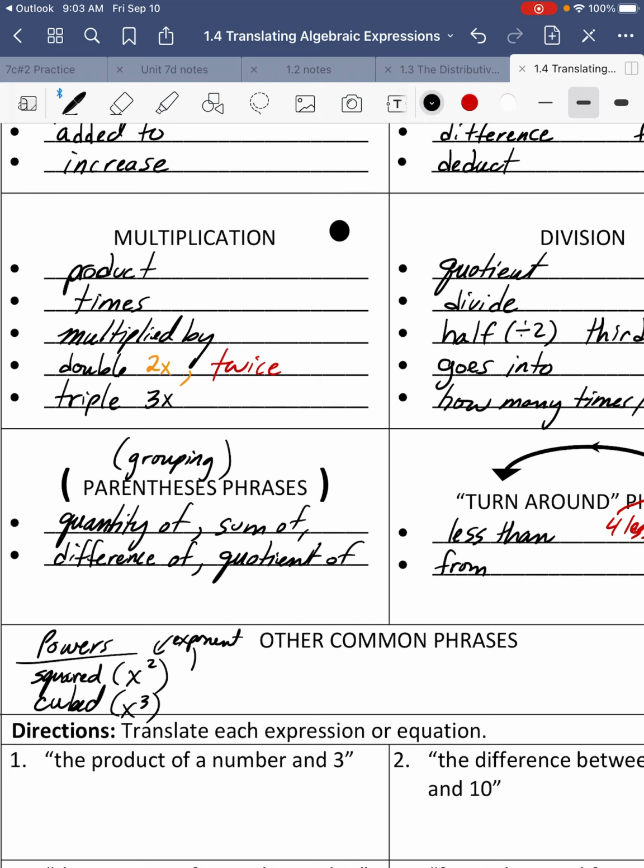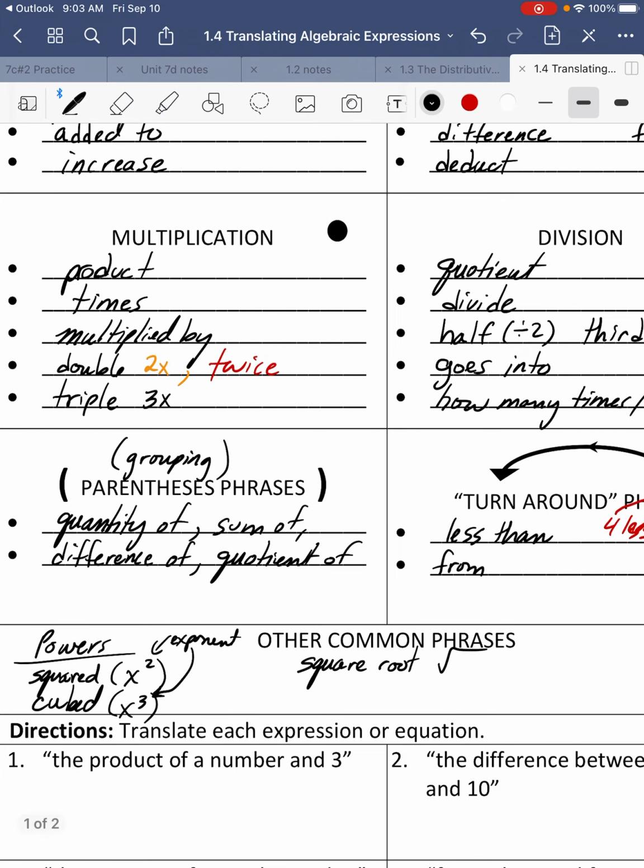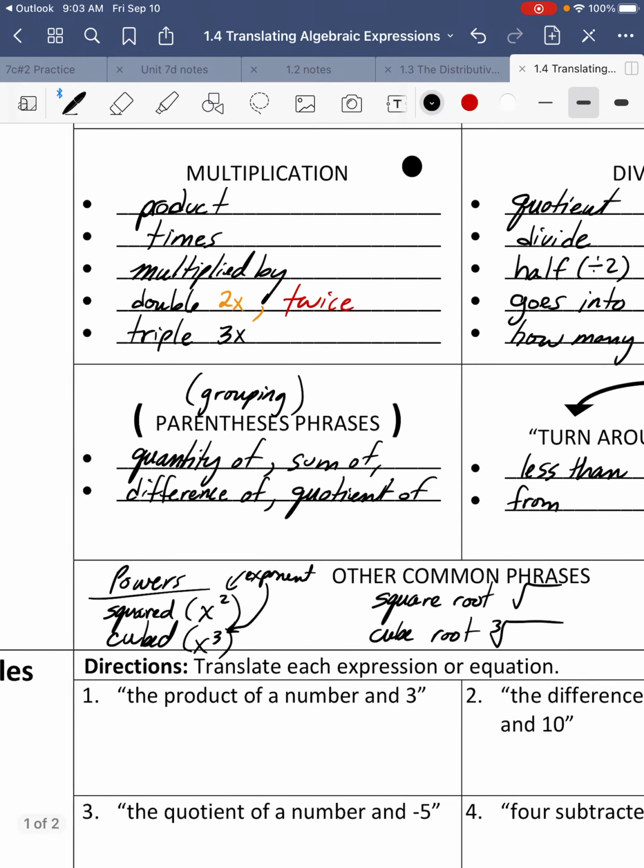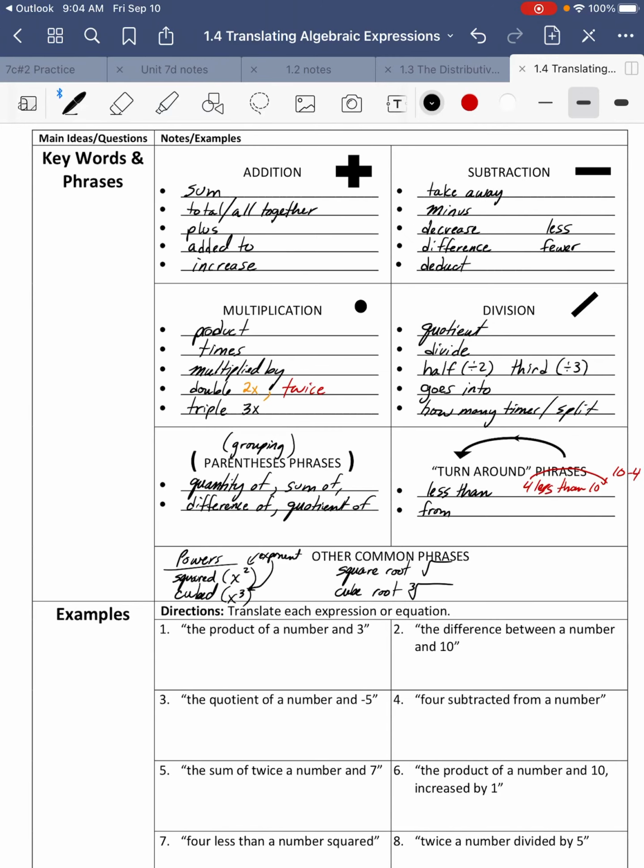That would be exponent of 3. You could have square roots. You could have cube roots. It's just like a square root, except there's a little 3 in that little pocket there. And so these are all words that are going to be used in mathematical sentences.